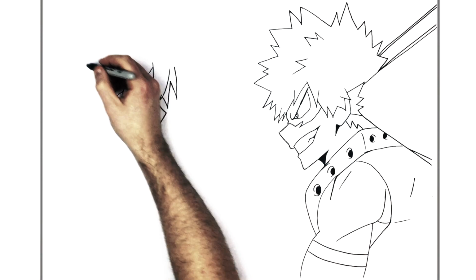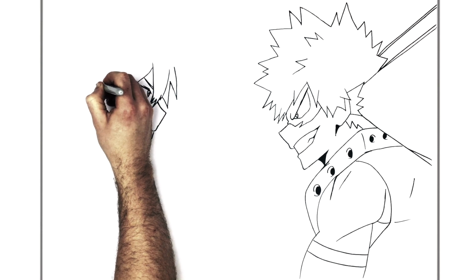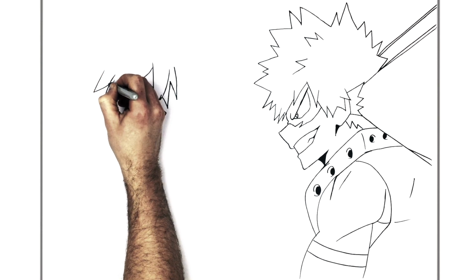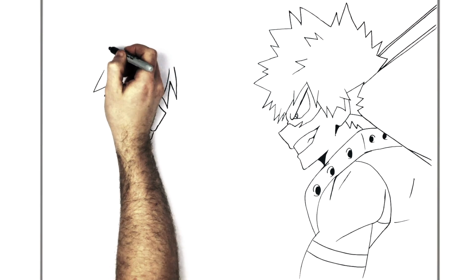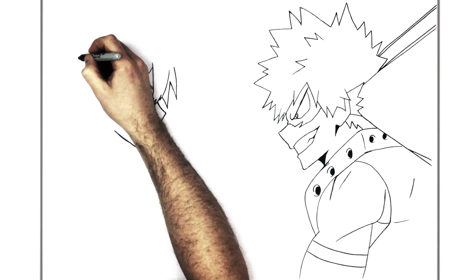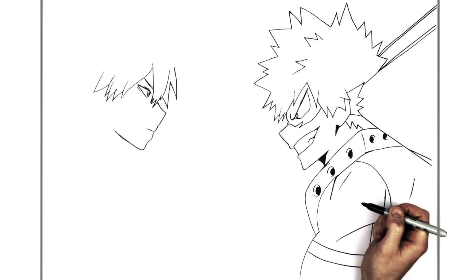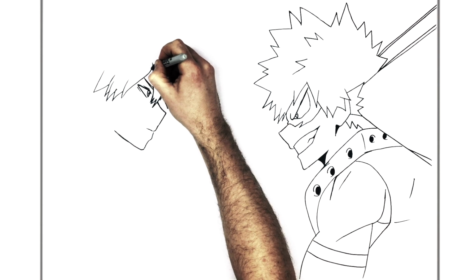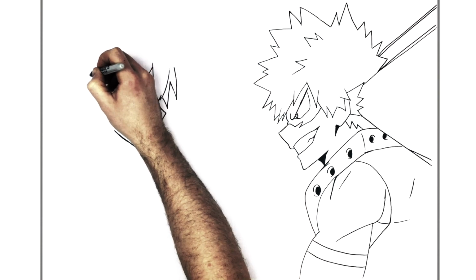One, two, three, four, and then slightly bigger one sticking out here. And so then in around here we have his ear. So it's like in line with his eyebrow, just across here.